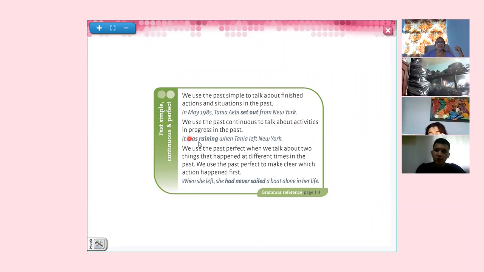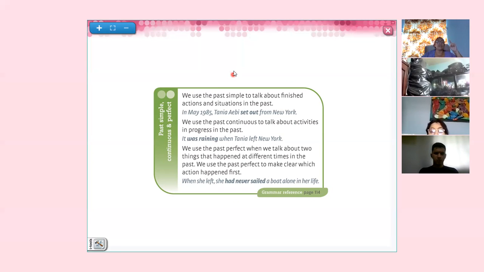Example: it was raining when Tanya left New York. Remember, a progressed action in the past. You are giving details about what happened during that action, and remember that you are going to use was or were and the verb with the ing form.